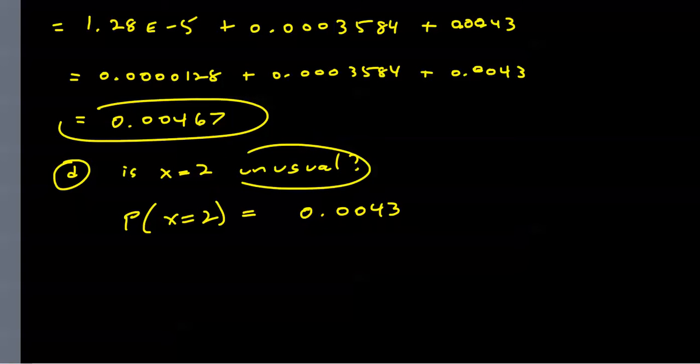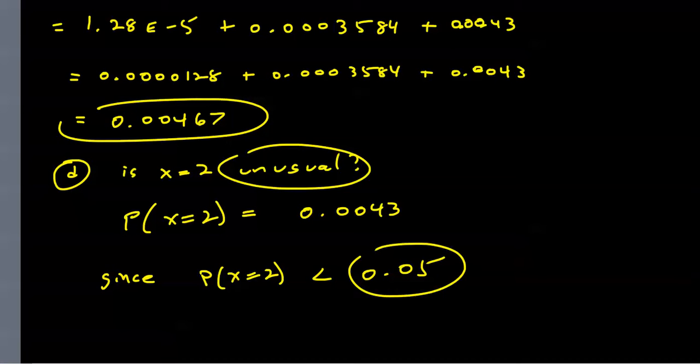0.0043. Now, what are the guidelines our author gives for unusual? Well, if a probability is less than 0.05, our author has the convention of calling that an unusual event. So since the probability of X equals 2 is less than 0.05, where 0.05 represents a 1 in 20 chance, we'll say it is unusual.